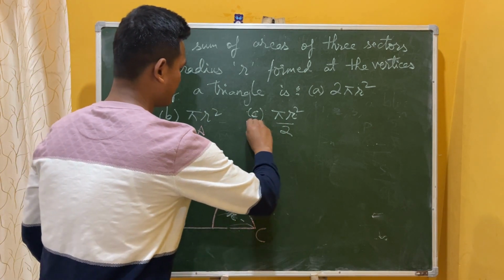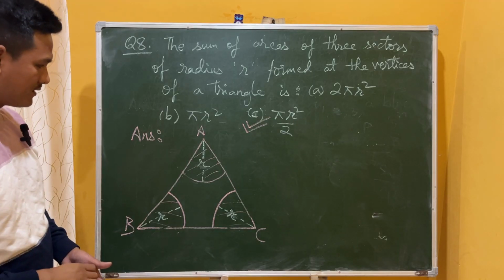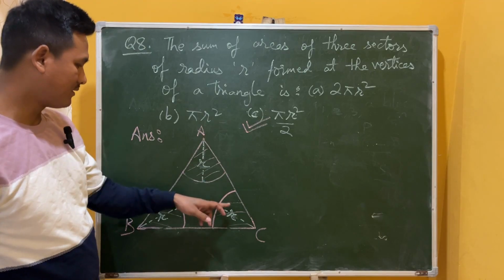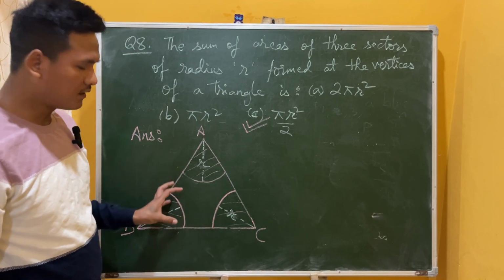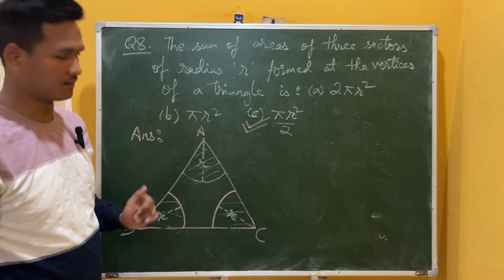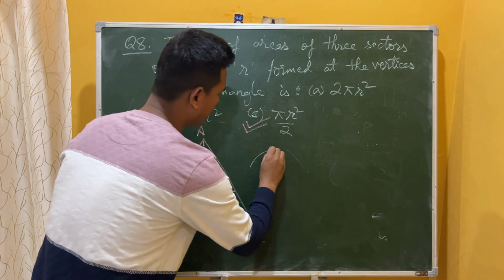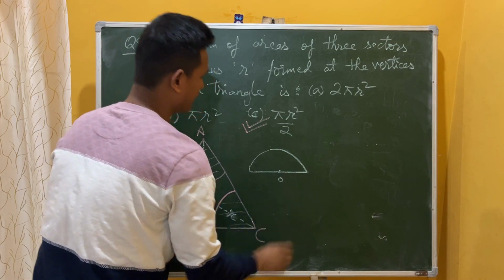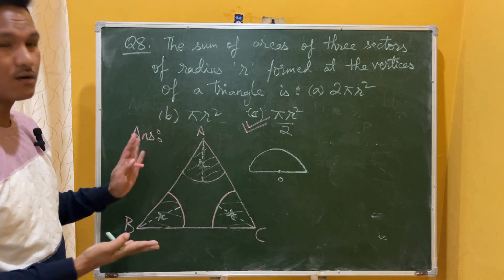The answer is half of pi r square, because when we combine the sectors, the total is always a semicircle. This is what will be formed. So area of a semicircle is half of pi r square. So you might wonder how is it?